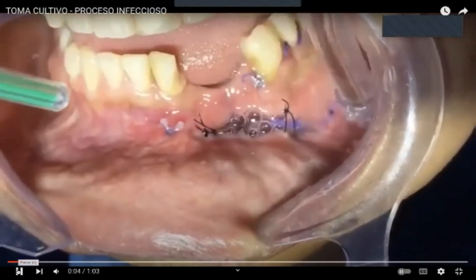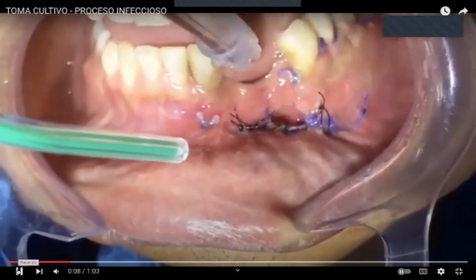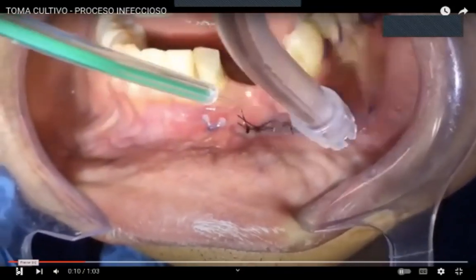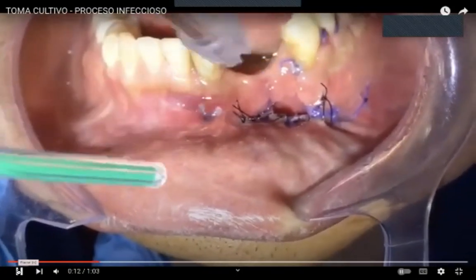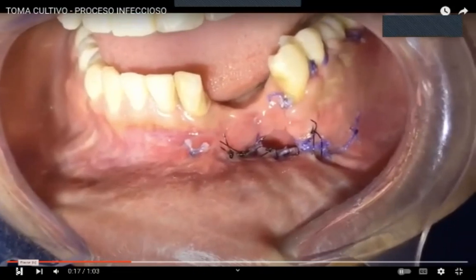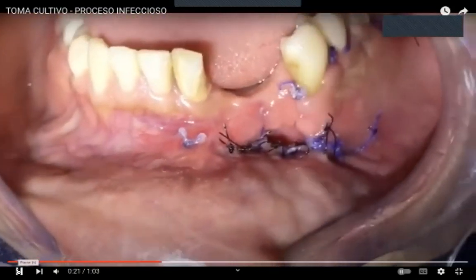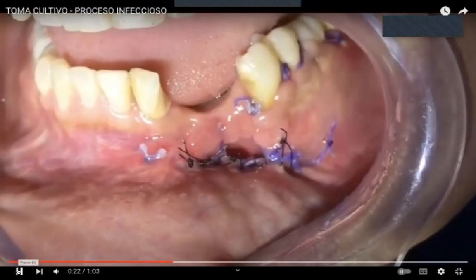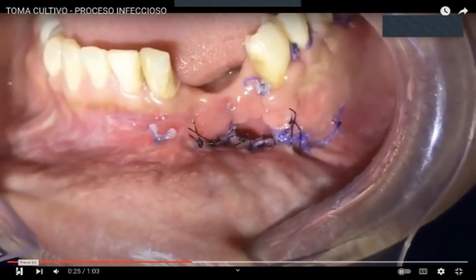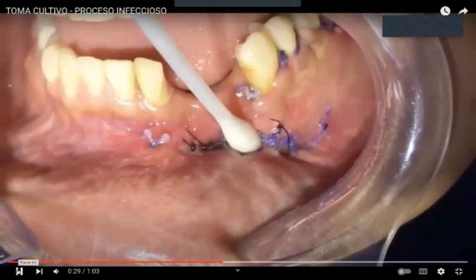So we do a cleaning to make sure all the superficial bacteria is gone. This is a patient that I thought had an infection after a surgery I did. So I already gave him antibiotics.